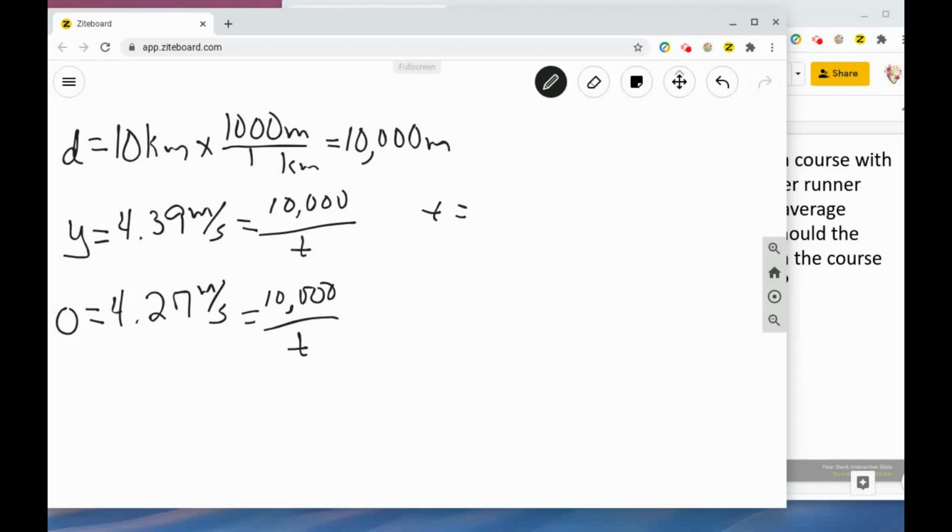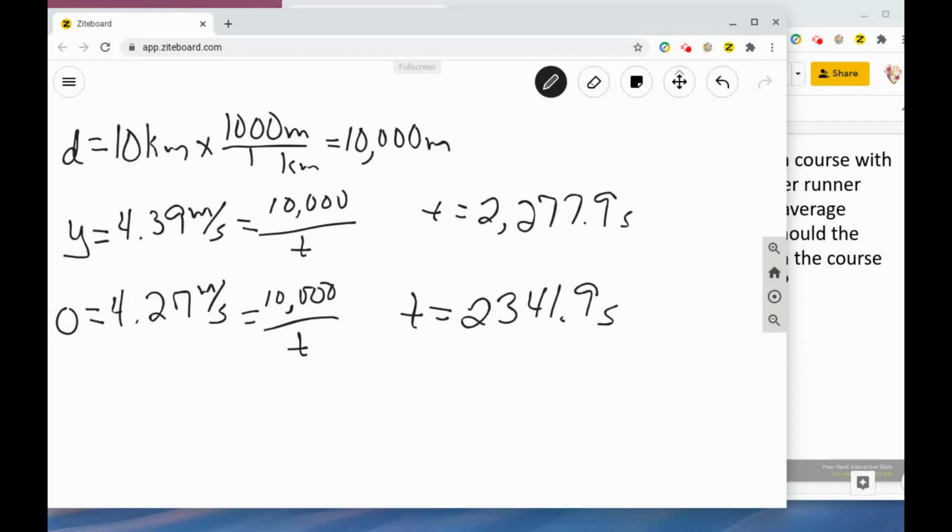Time would be 2,277.9 seconds. And then for the older runner, 10,000 divided by 4.27, we get a time of 2,341.9 seconds.